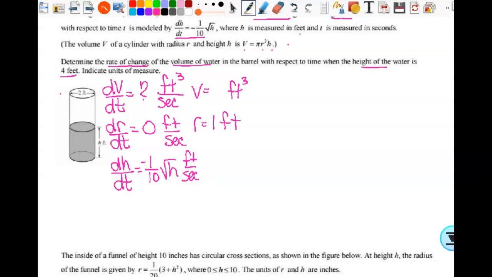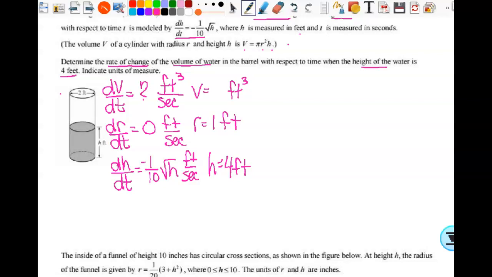So when it told me I want to determine the rate of change when the height of the water is 4 feet, h is equal to 4 feet. So once I've got all of that written down, filled in with what they gave me, then I am ready to move forward a little bit.